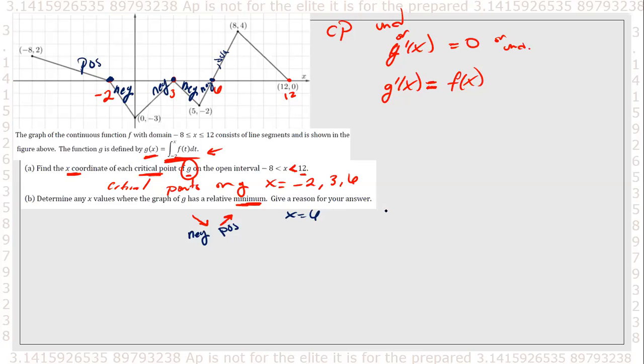And this is because we're looking at the rate of change, which in this case is our original function f of x, and it went from negative to positive.